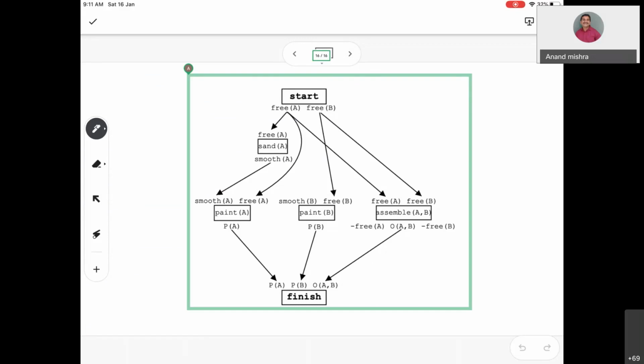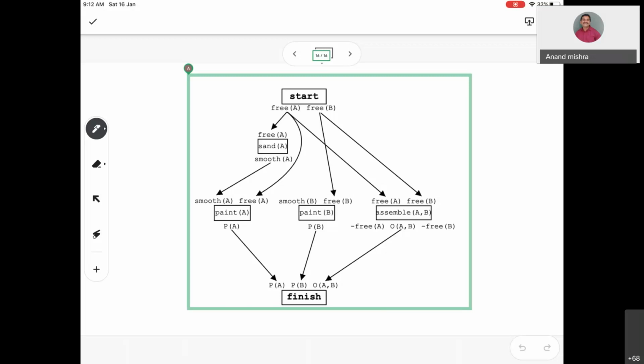Yeah, multiple options to finish is fine. So there can be more solutions. A solution means there is one plan, right? But you always have options. There are loops. Where is the loop? So what is not getting satisfied? You need to see now.